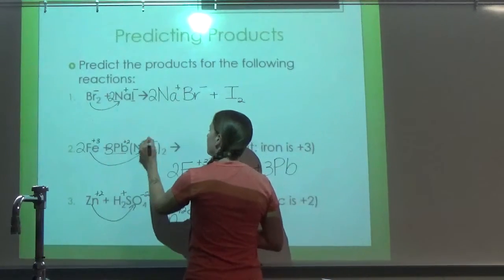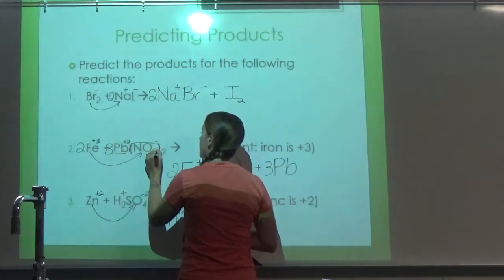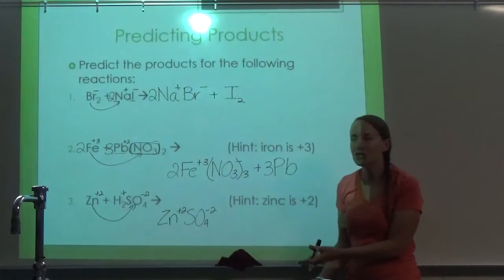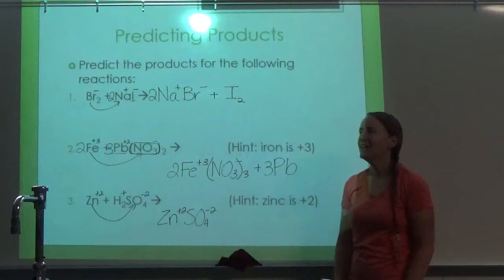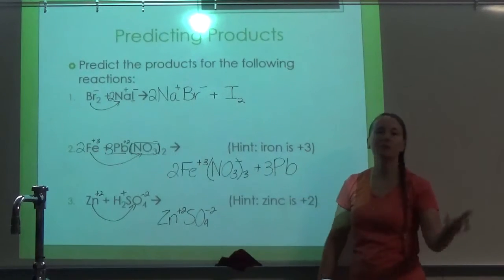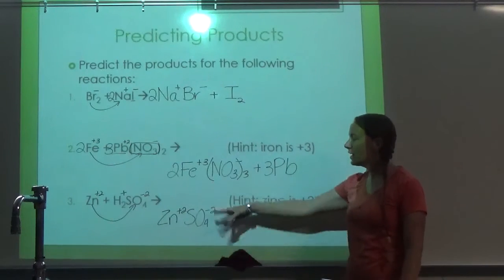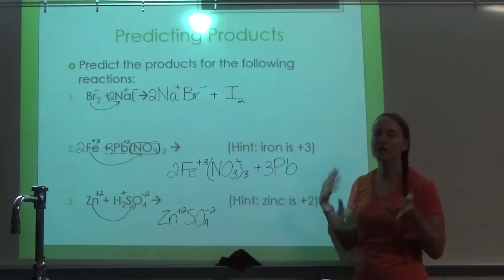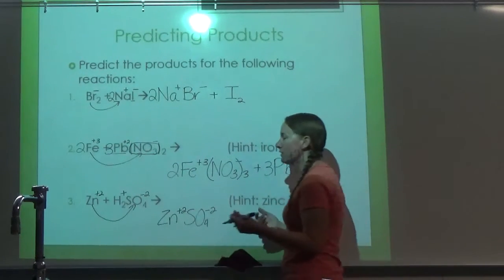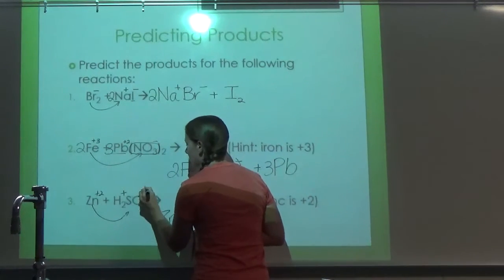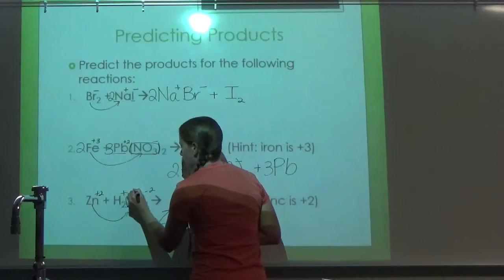So if you have trouble with polyatomic ions, which many of my students do, polyatomic ions in chemistry are like fractions in math. It's like some people get them and some people don't, and when you don't, it's just terrible. So these are our fractions in chemistry, is polyatomic ions. So if you have trouble figuring out when to bring something over, when you see a polyatomic ion, just circle it.